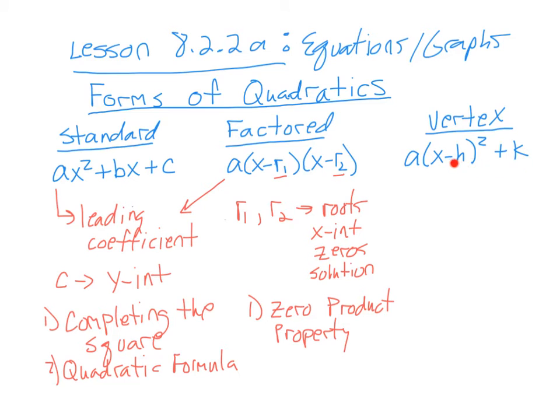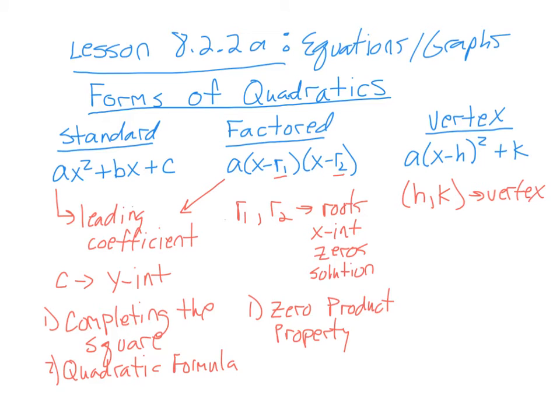But this h and k is a rather interesting and new feature that we need to explain. It turns out that h, k is a point, and that point is the vertex of a quadratic equation.